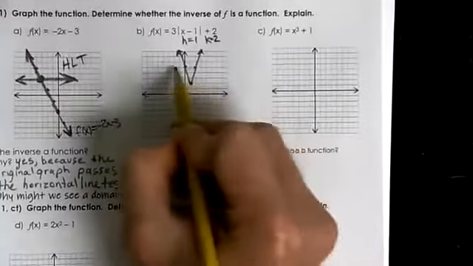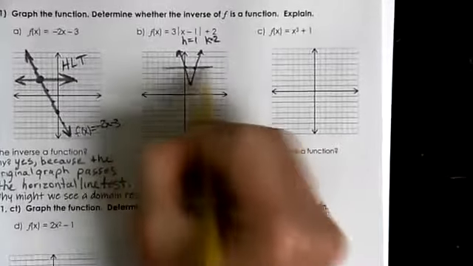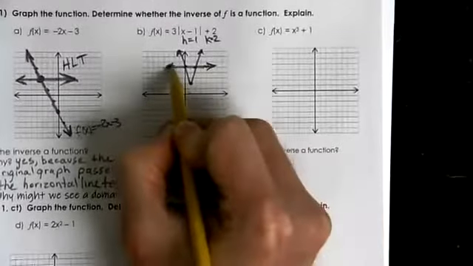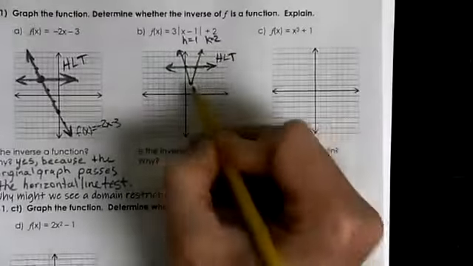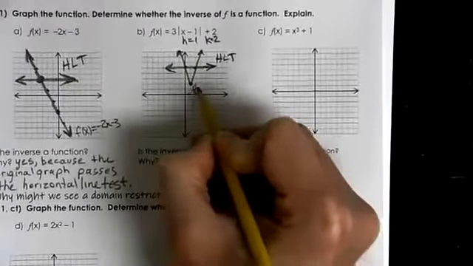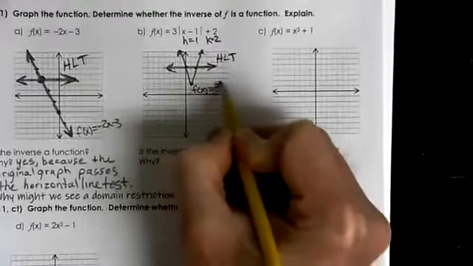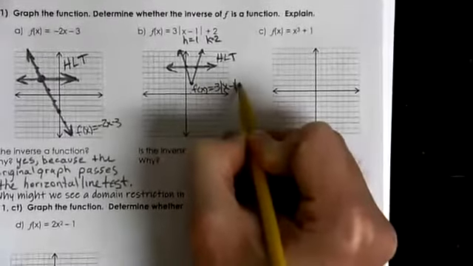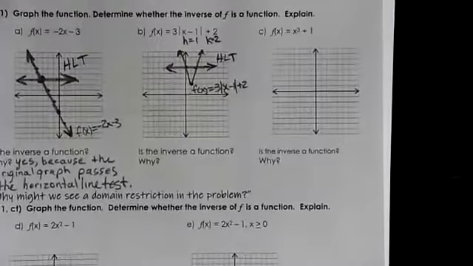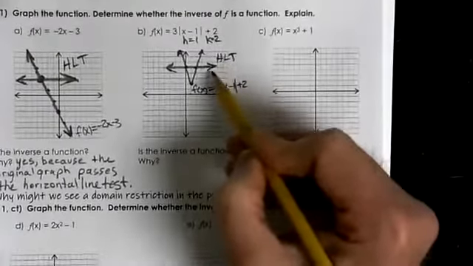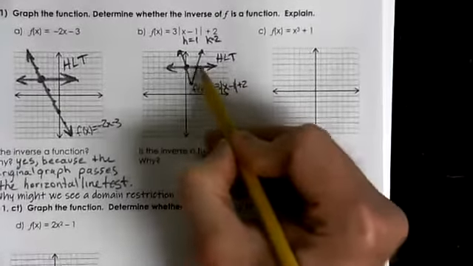And we do a horizontal line test to it. This equation, by the way, is f of x equals 3 absolute value of x minus 1 plus 2. The horizontal line test crosses in 2 spots.